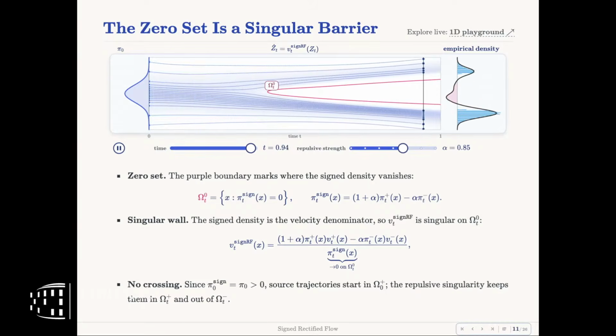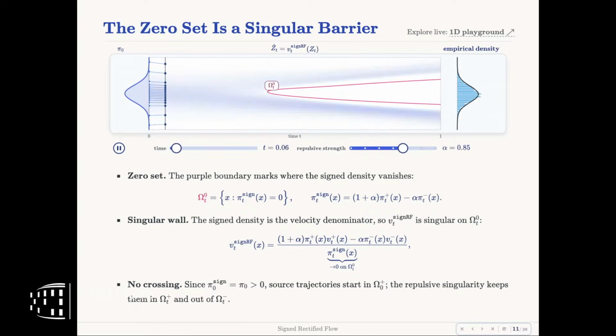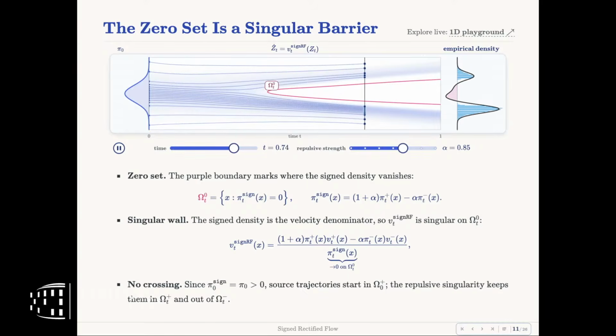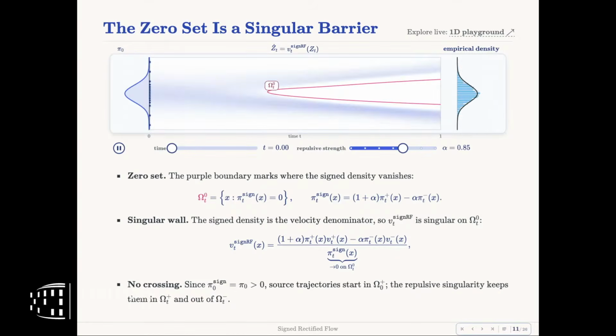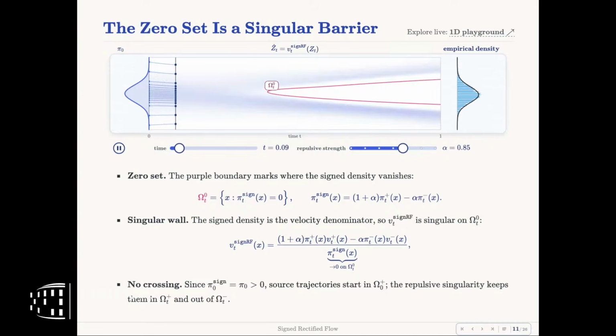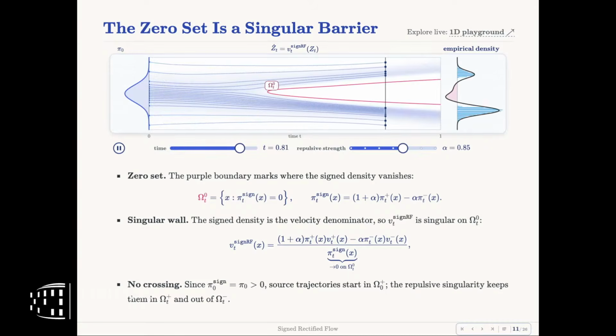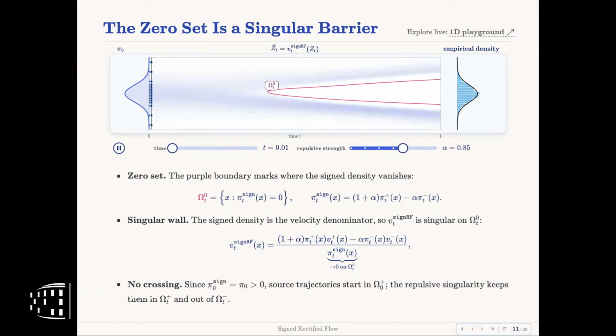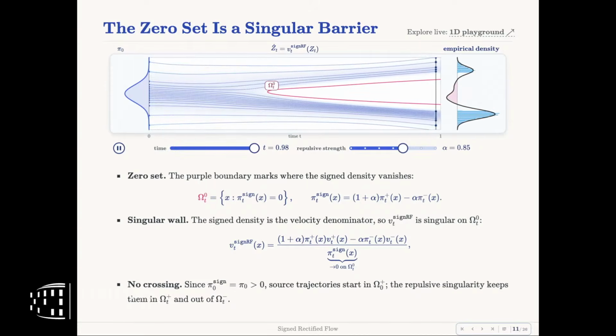Then you can define this margin, this boundary in which singularity appears, because this is where the signed measure equals 0. It corresponds to a singularity because this signed density happens to be the denominator of the velocity field, right? So whenever you approach this boundary, which is here, you will get a singularity. And the boundary always stops somewhere because you start from a positive density.